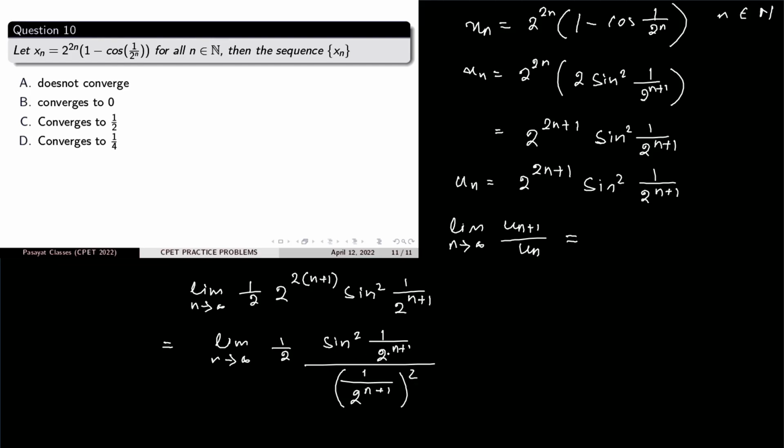Clear? And here we can write sin square 1 by 2 to the power n plus 1 and 1 by 2 to the power n plus 1 whole square.